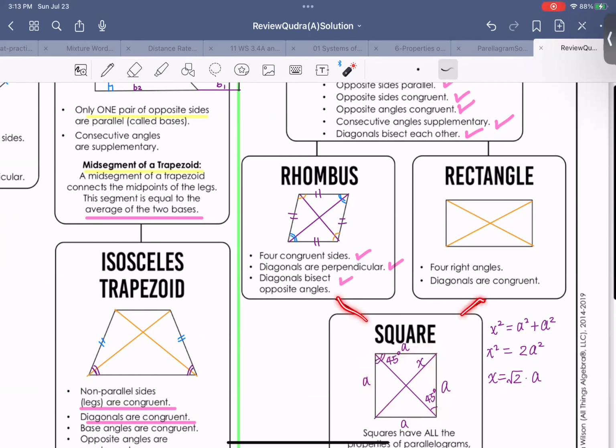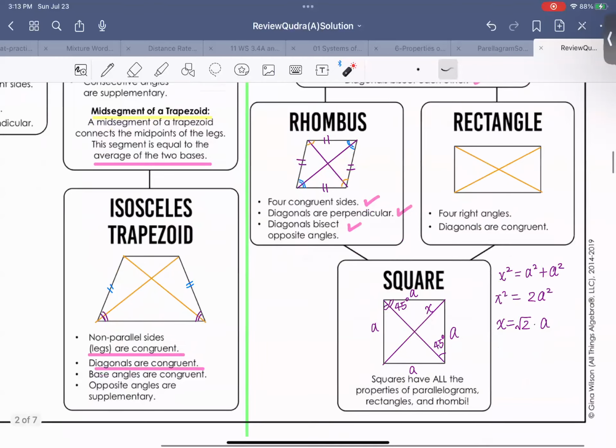Go ahead, draw this last graph here. This is a square. This square will be even more special.